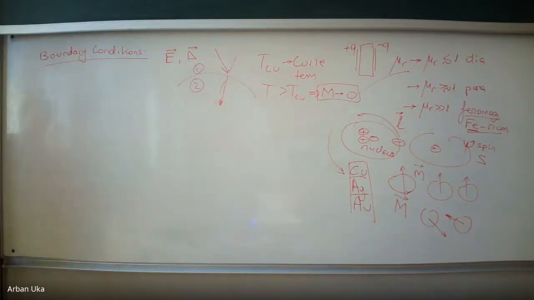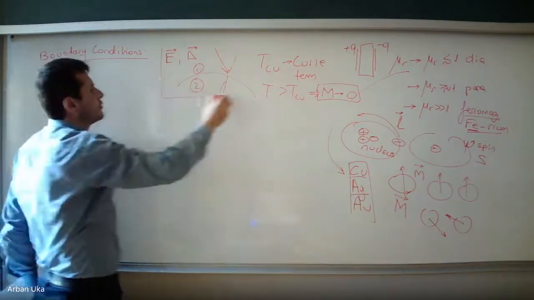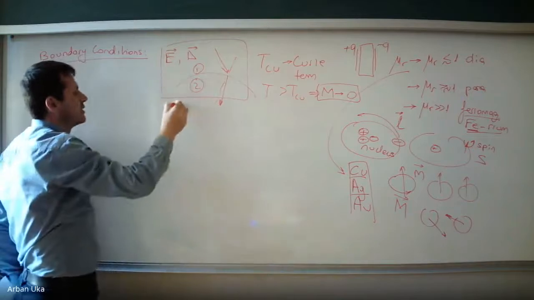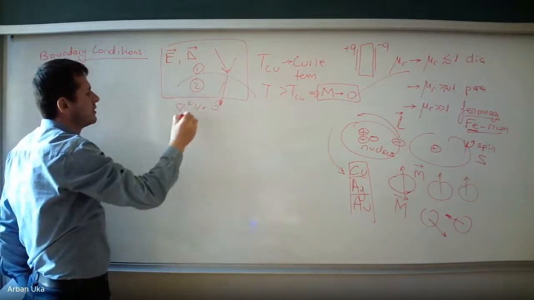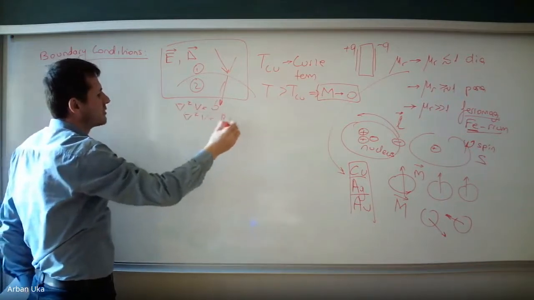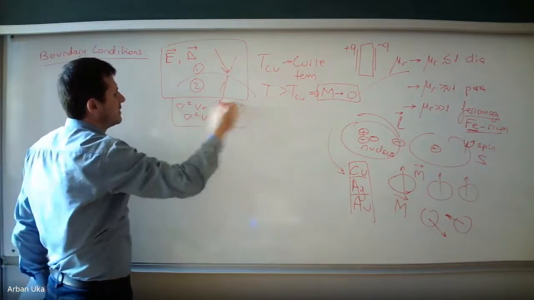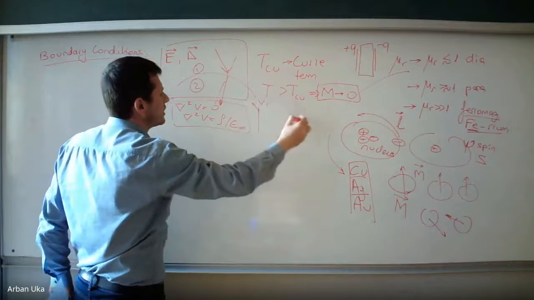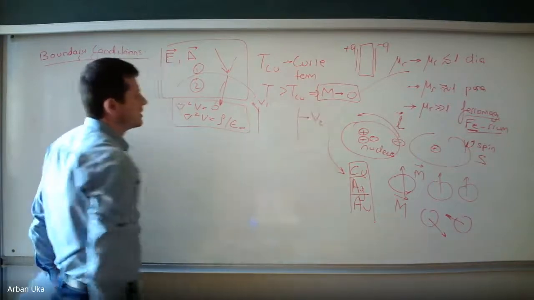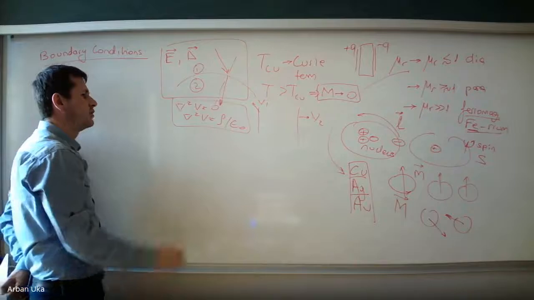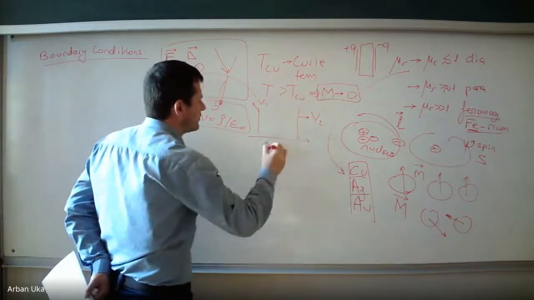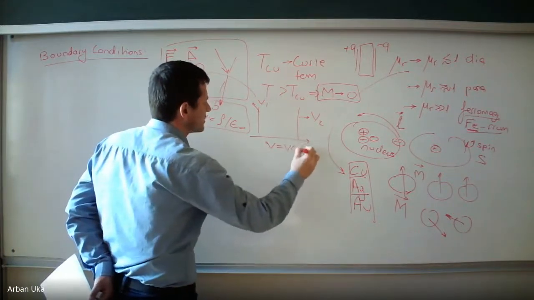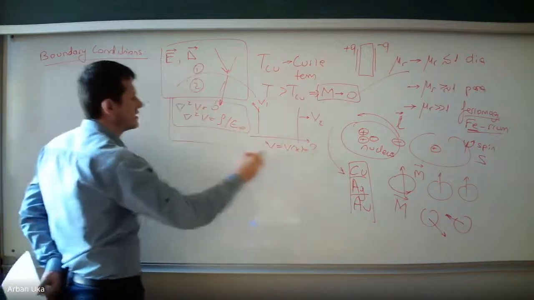This was the first time we saw boundary conditions. The second time was when we solved the Laplace equation and the Poisson equation. And this was, again, boundary conditions. We were saying that at one wall, we can give it a potential V1, at another wall, we can give it a potential V2. Find what is V as a function of X. This was the second time.